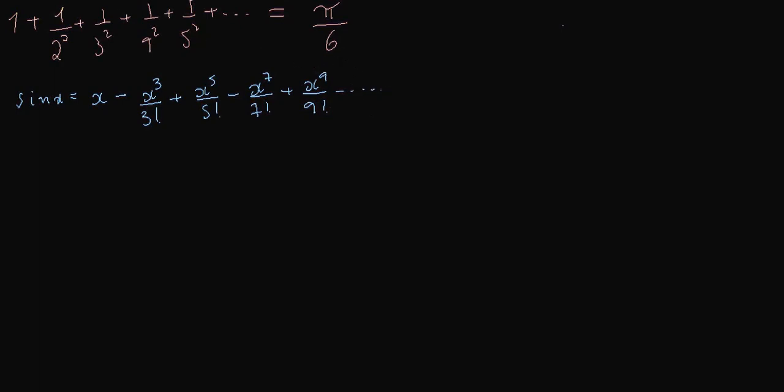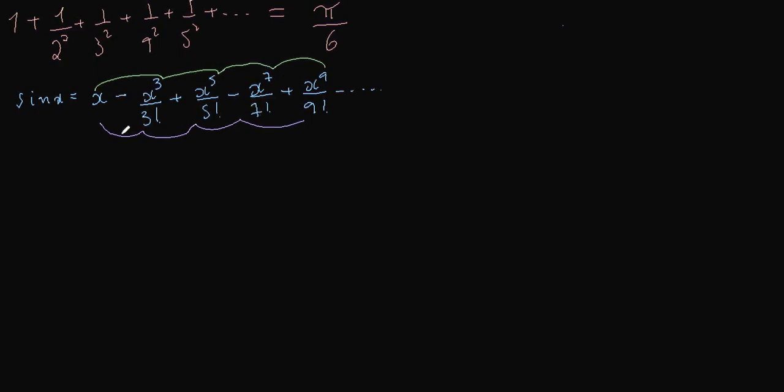So all the powers are odd, the denominators are odd, and they are factorials. That is, you take the factorial of each of the denominators, and that's sine of x. If you take any angle and you substitute that angle for x here, and you sum a few of these terms, the value is going to converge to the sine of that angle. So this is actually how calculators calculate the sine.